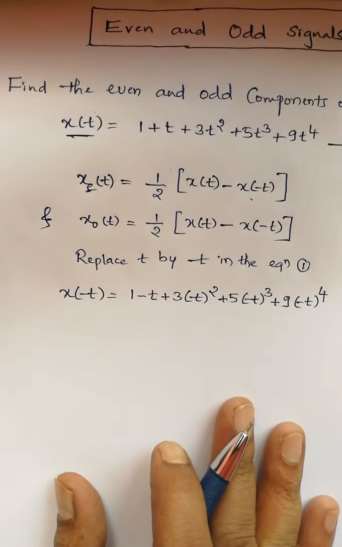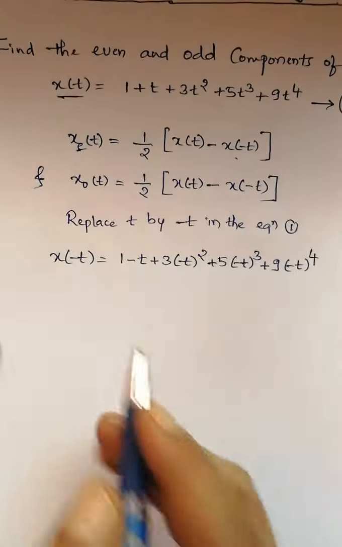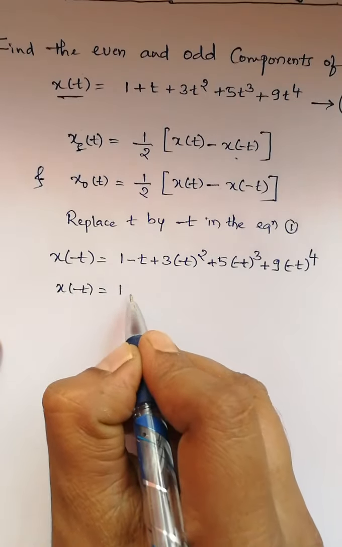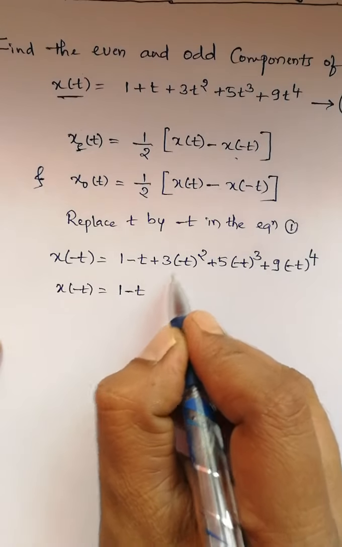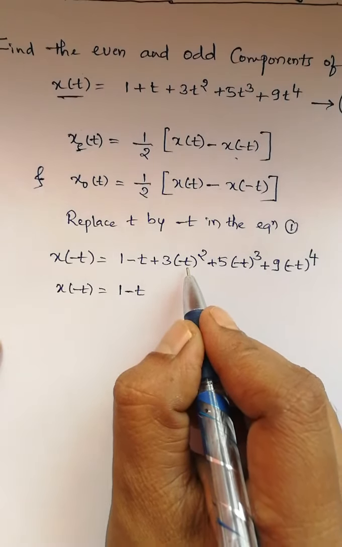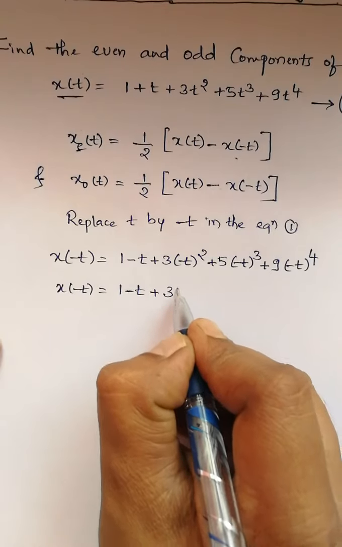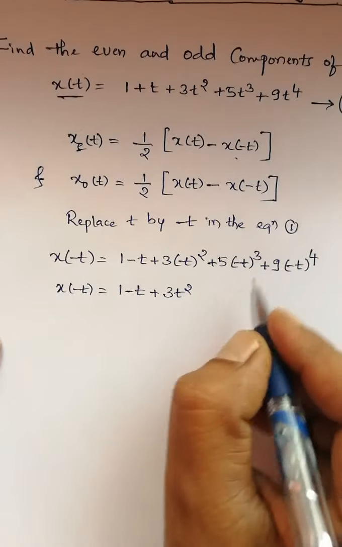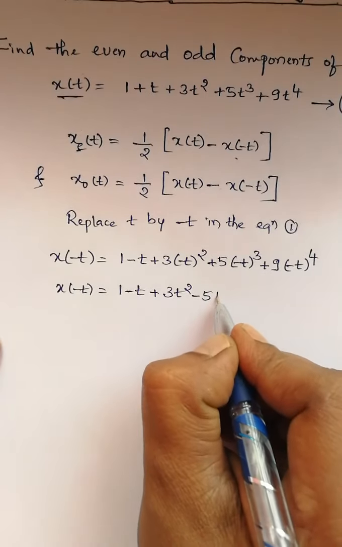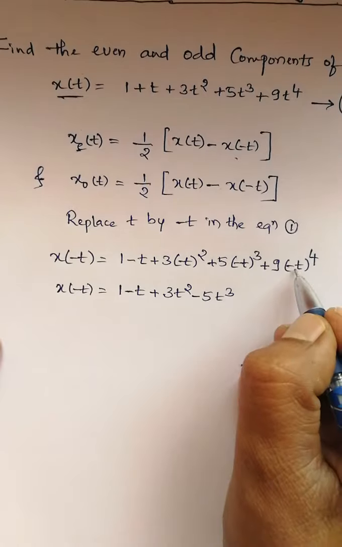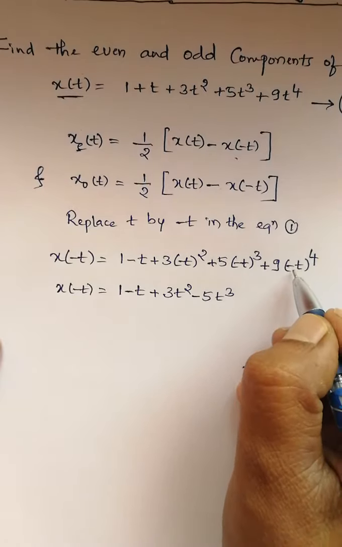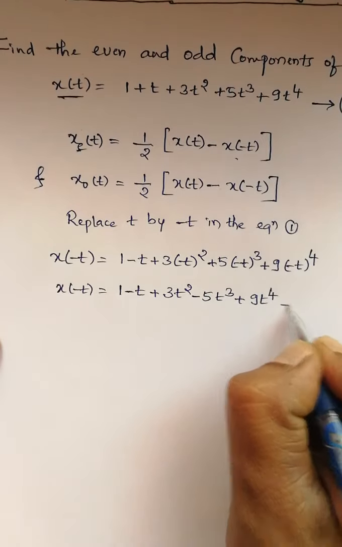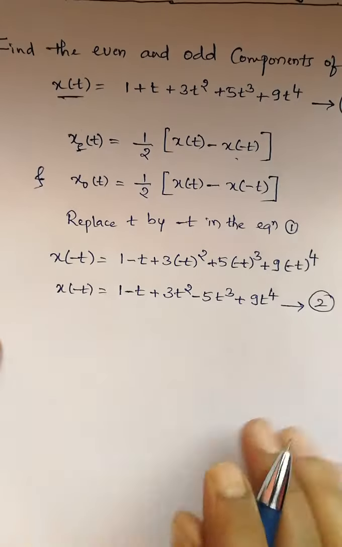For the simplification, x of minus t is equal to 1 minus t, then minus t square becomes plus 3t square. Next, minus t cube becomes minus 5t cube. Minus t to the power 4 becomes plus 9t to the power 4. Let us represent it as equation number 2.